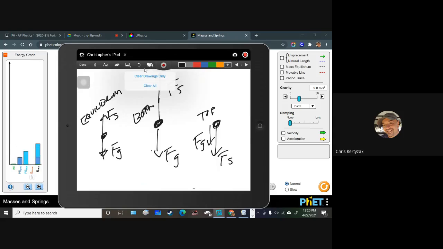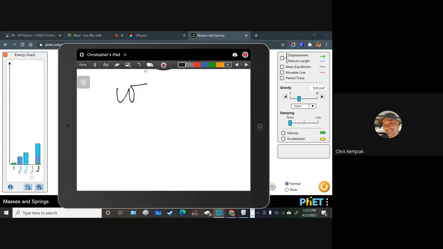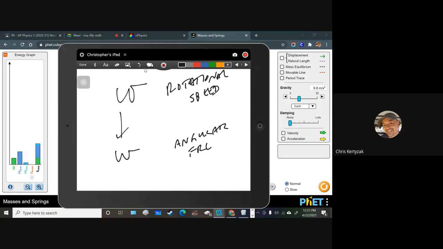Now, remember that omega was a quantity that we previously referred to as rotational speed or rotational velocity, which now we use the same omega, but we call it angular frequency. It's the same symbol, and it gets the same units, radians per second, in both cases.